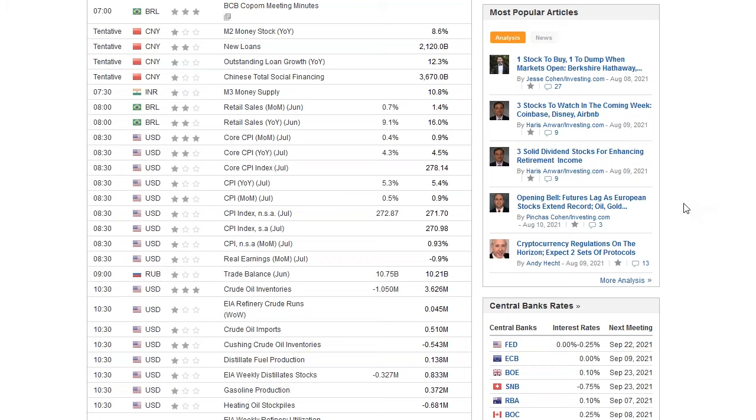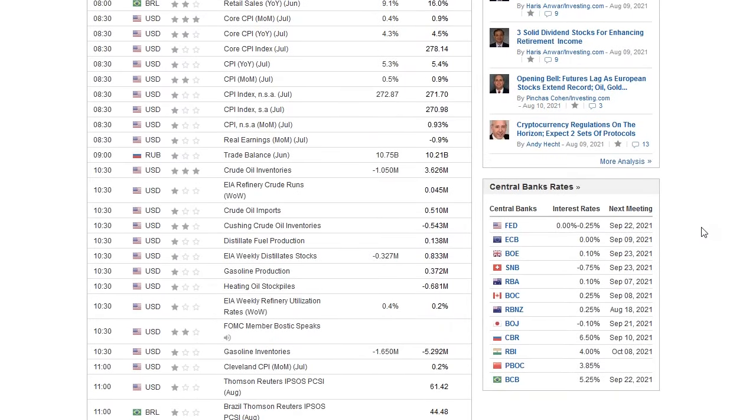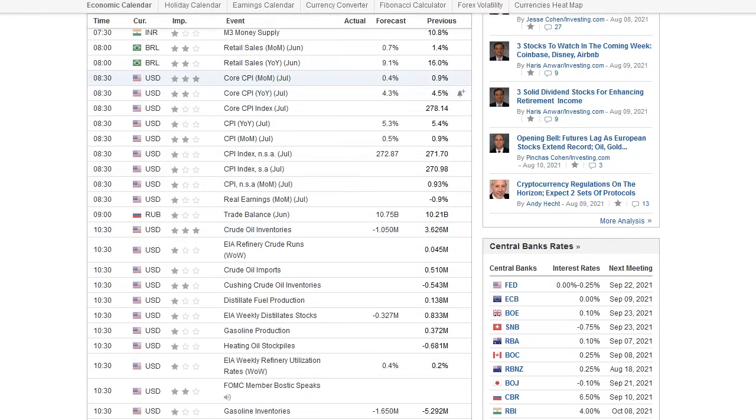And then if we look at the regular economic announcements rather than the headlines that are not necessarily expected, what we see is that tomorrow we'll have crude oil inventories. We're also going to see CPI numbers out of the US.